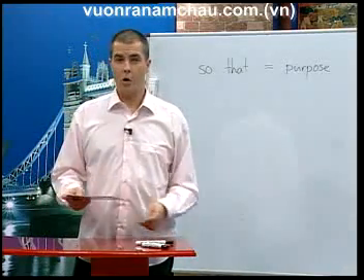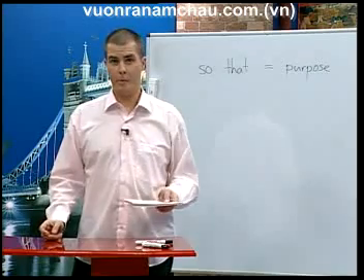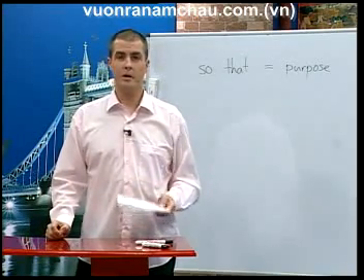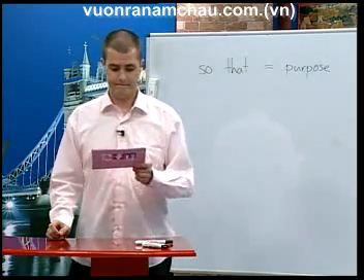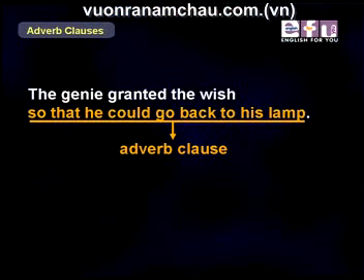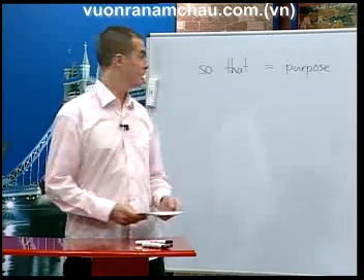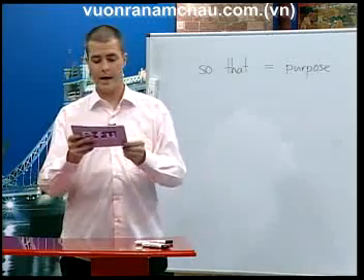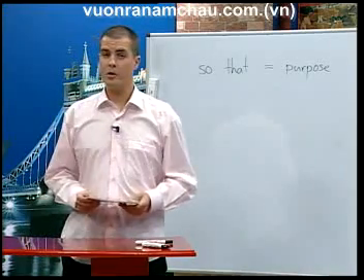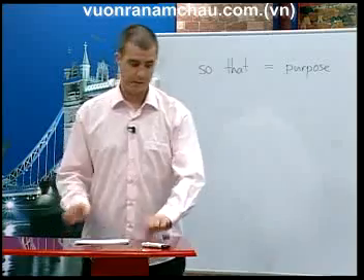The giant caught the dwarf family for a purpose. The purpose was to eat them for dinner. Now, in the second sentence, so that he could go back to his lamp is an adverb clause. So that expresses purpose, and so that can also be used to express ability as well.